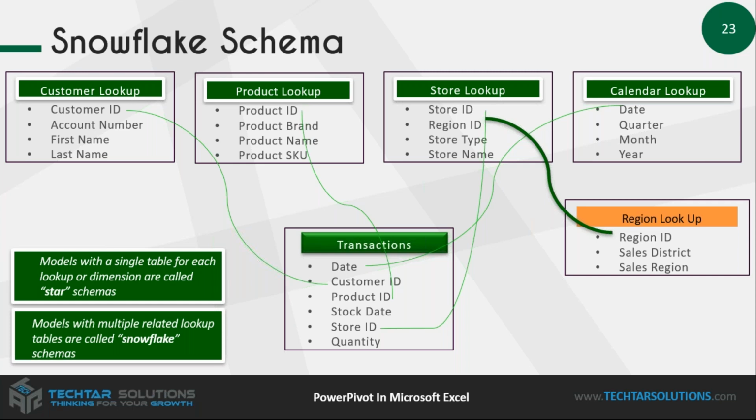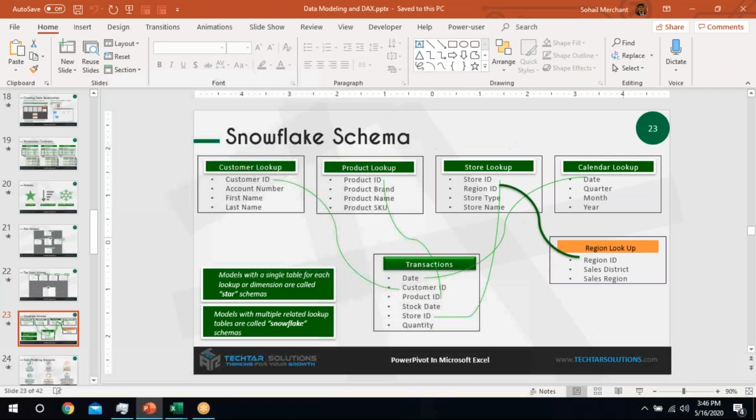A model with multiple related lookup tables is called snowflake schema. Recapping, in star schema or top-down schema, we have one fact table connected to multiple dimension tables. In snowflake schema, we also have relationships between lookup tables, as shown on the screen.